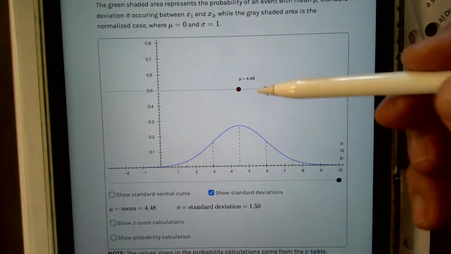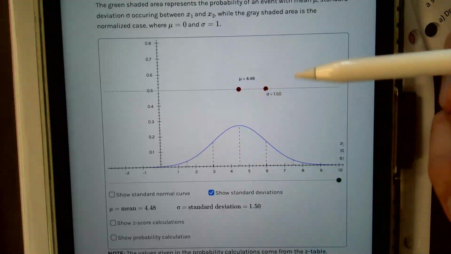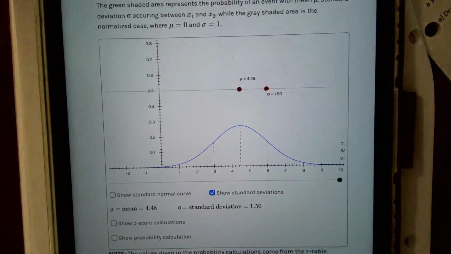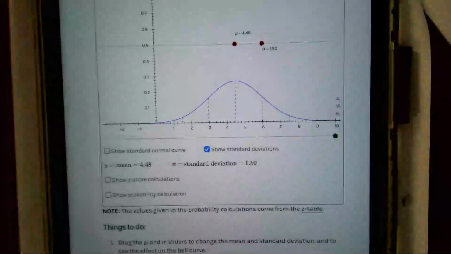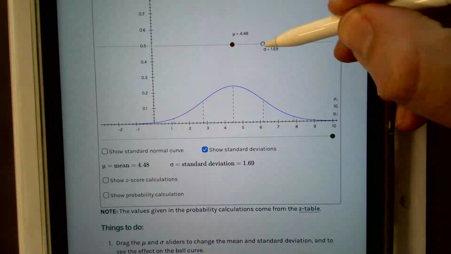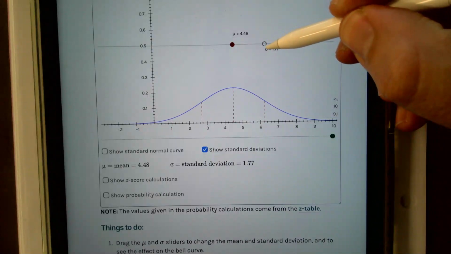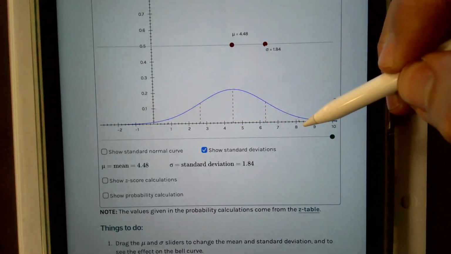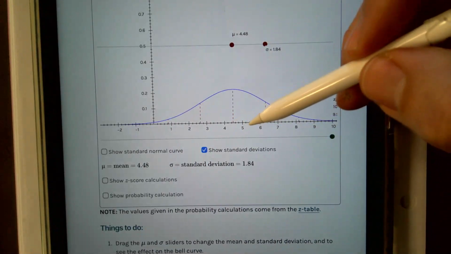So I'm just going to move these. This slider here represents the standard deviation of a curve. Watch what happens if I increase the standard deviation. See how it gets flatter, and the scale that we're going up by changes, so make sure you follow along.